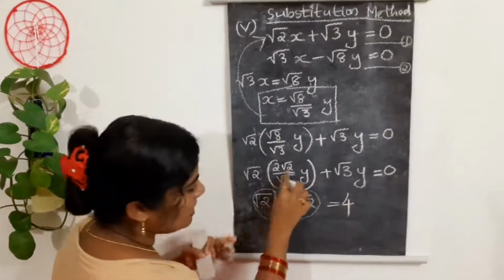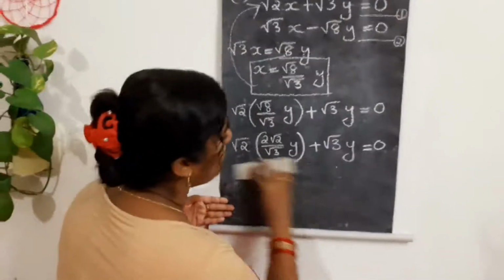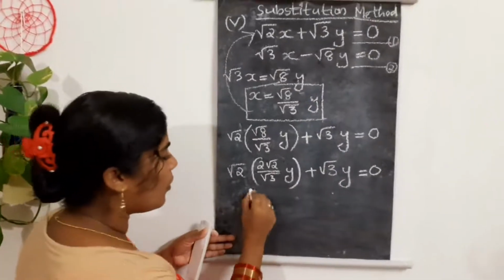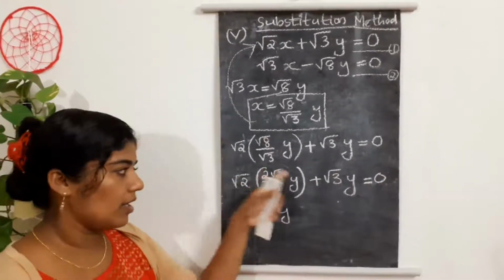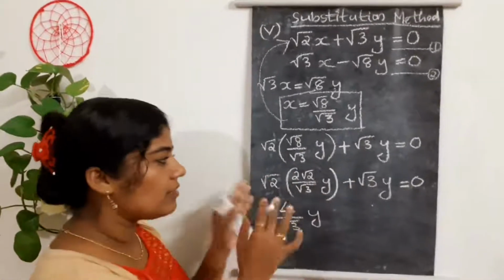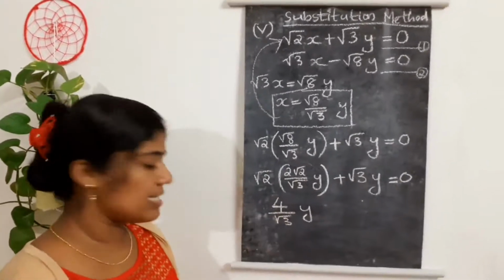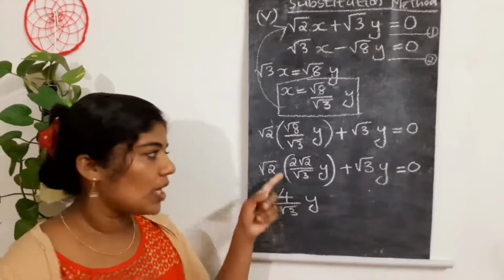So from this we can write the numerator as 4. That is what I am going to write next: 4 by root 3y. So this 2 root 2 by root 3y, we can reduce as 4 by root 3y. Hope you understood this step.